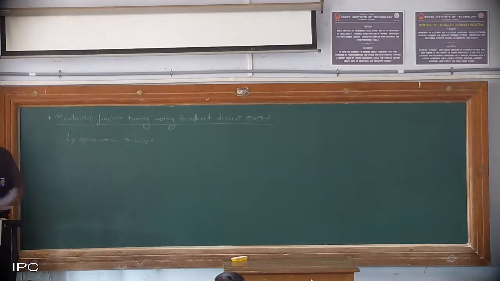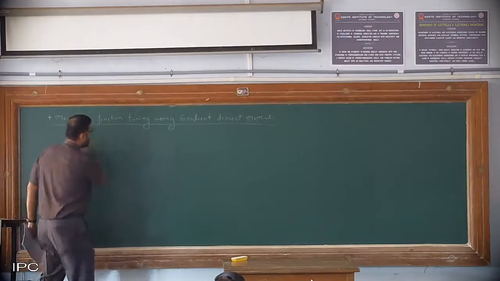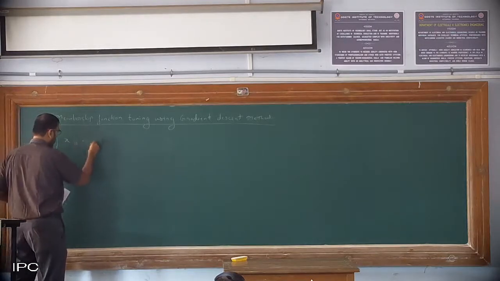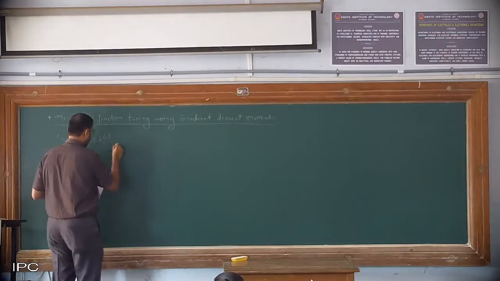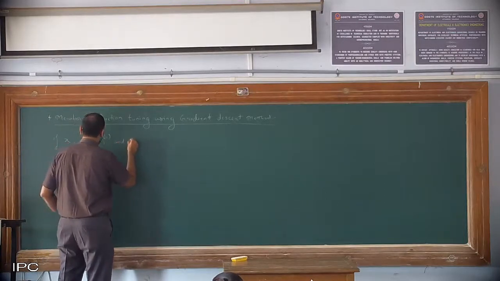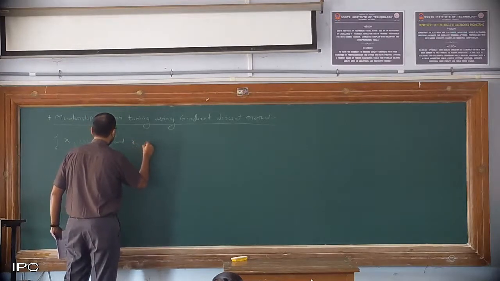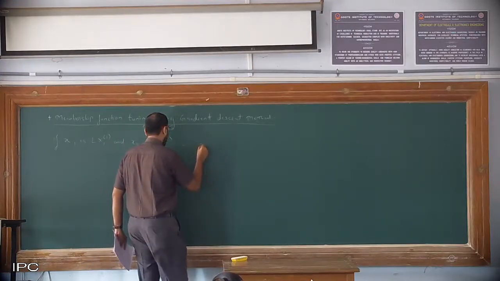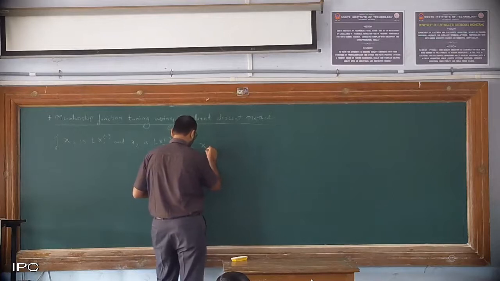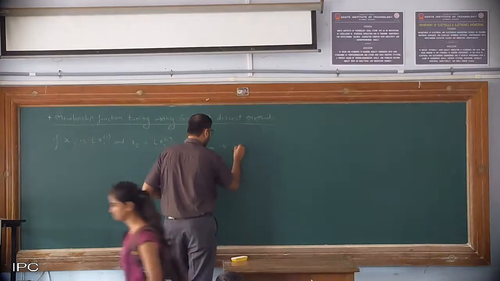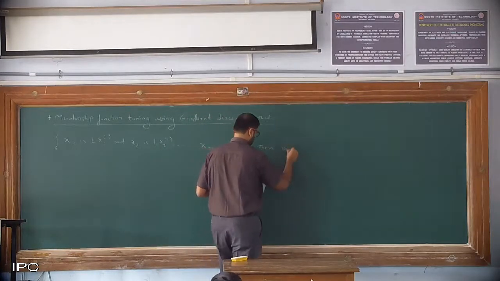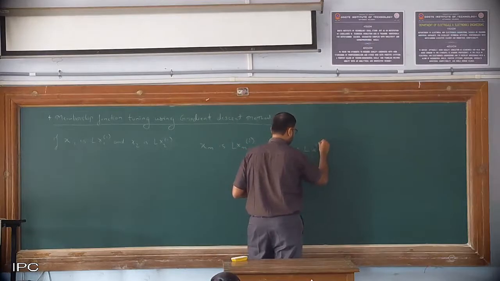Now, so if I just take an example that if x1 is, x2 is lx2 of 1, xm is, okay.